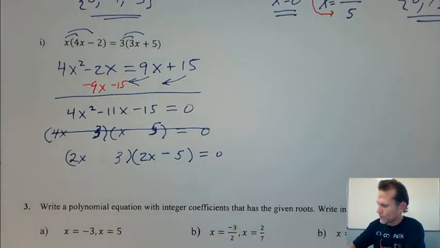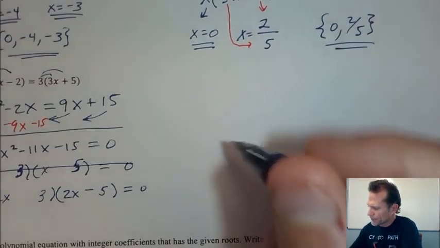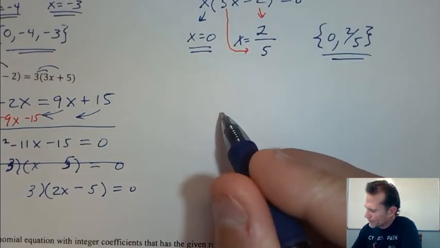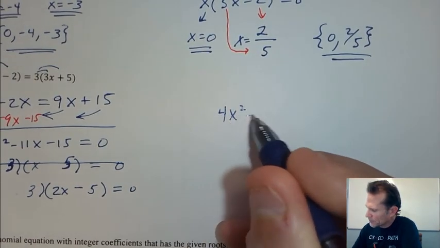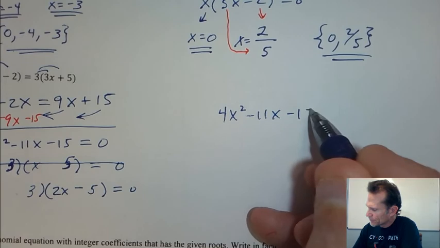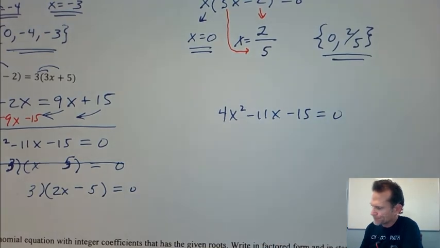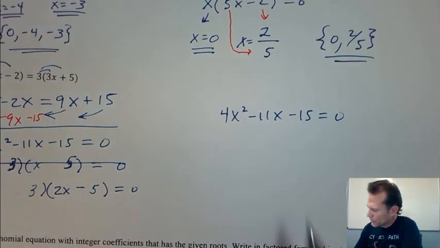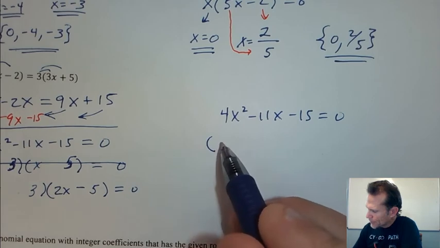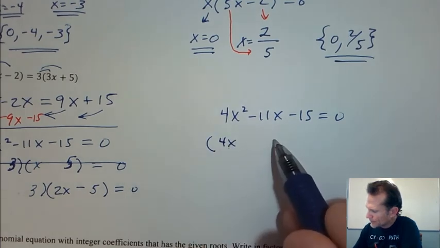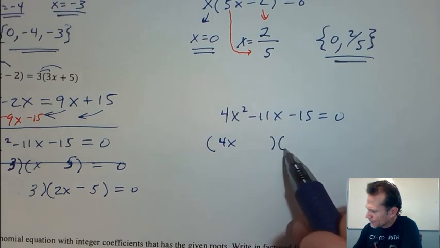Okay, so I'm going to try the factoring again right here. So I have 4x squared minus 11x minus 15 equals 0. Okay, so I'm going to try 4x and x.